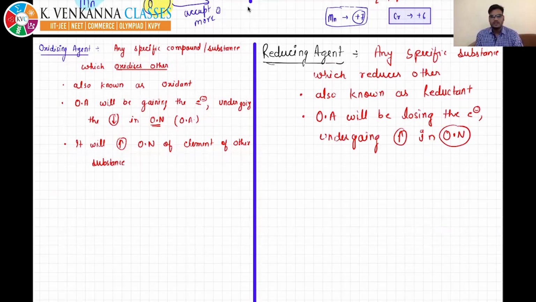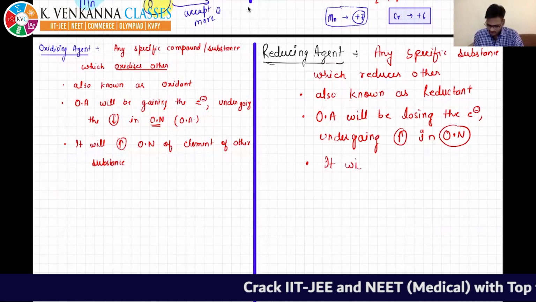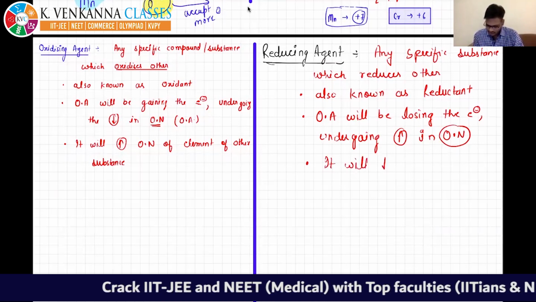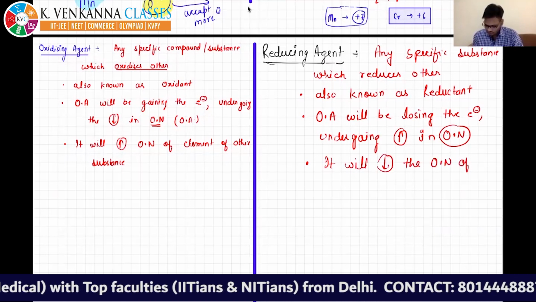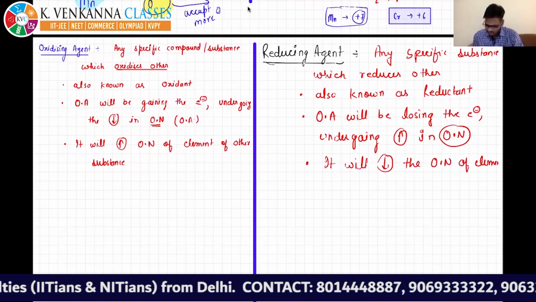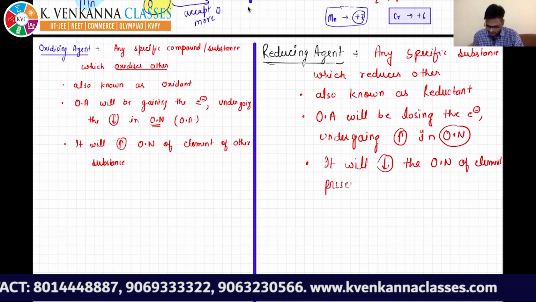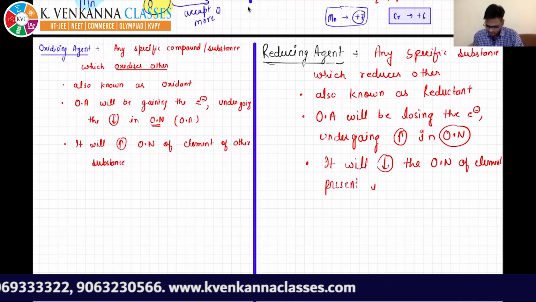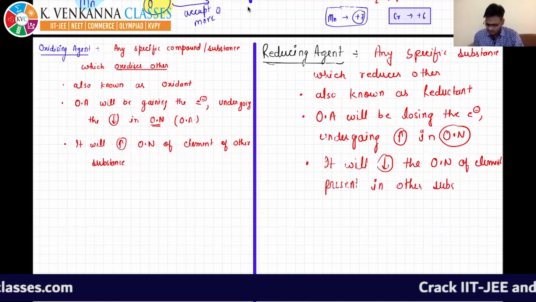This is something which is undergoing an increase in oxidation number for itself, or it will decrease the oxidation number of the element present in another substance. Very simple.